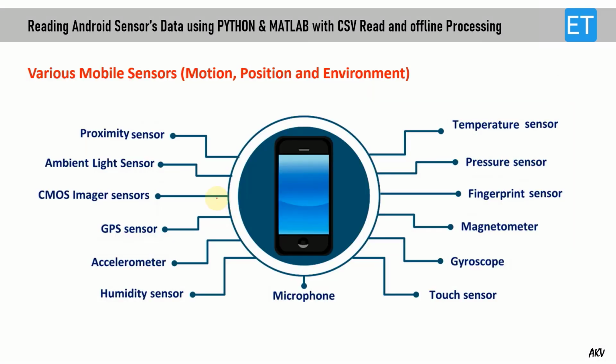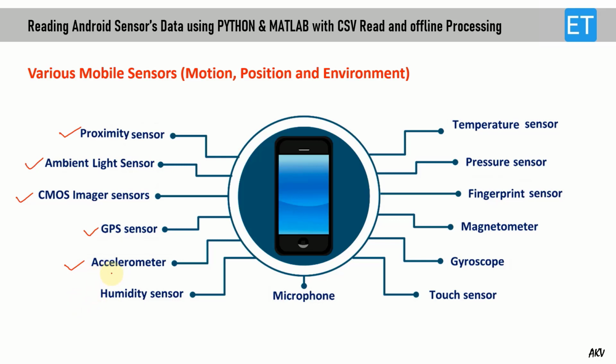Let's see the various mobile sensors available in modern smartphones. They generally are proximity sensors, ambient light sensor, and CMOS imager, that means your camera, GPS sensor for your location, geolocation, and accelerometer for the movement of your mobile phone.